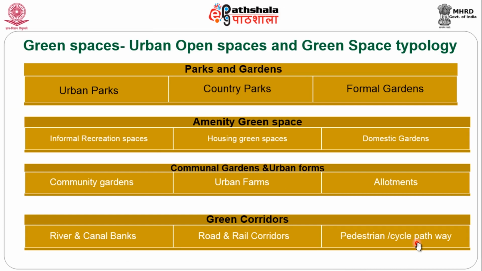That means here we have an opportunity to provide a green belt, to integrate this green belt along with the services. For example, pedestrian or cycle pathways can be provided near the roads or under the bridges, so pedestrians can be safe, they can walk properly, and we can also add a green element in that.